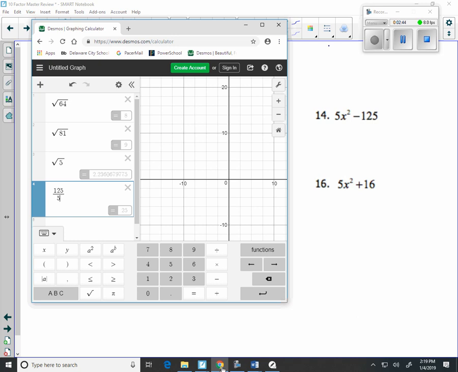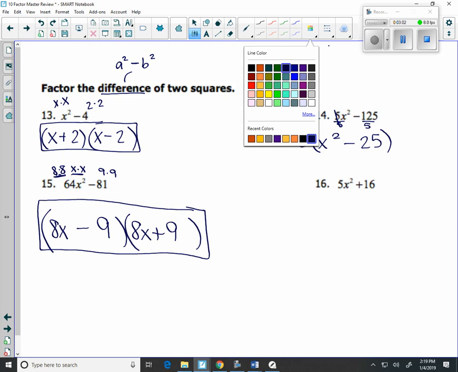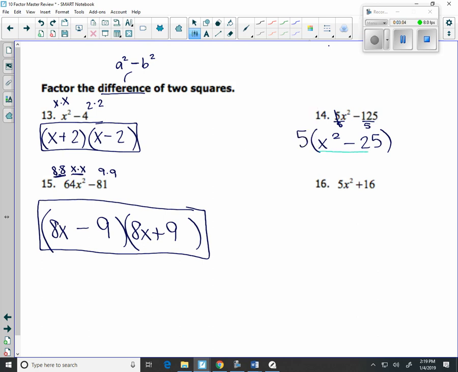So if we GCF out 5, 5x squared divided by 5 is just x squared. 125 divided by 5 is 25. And now, in our parentheses here, this guy is a difference of squares.